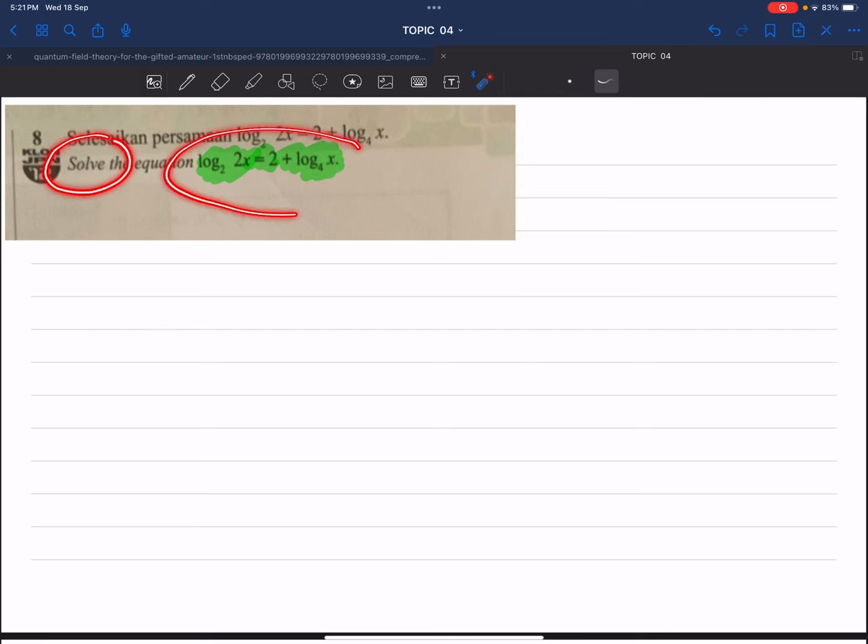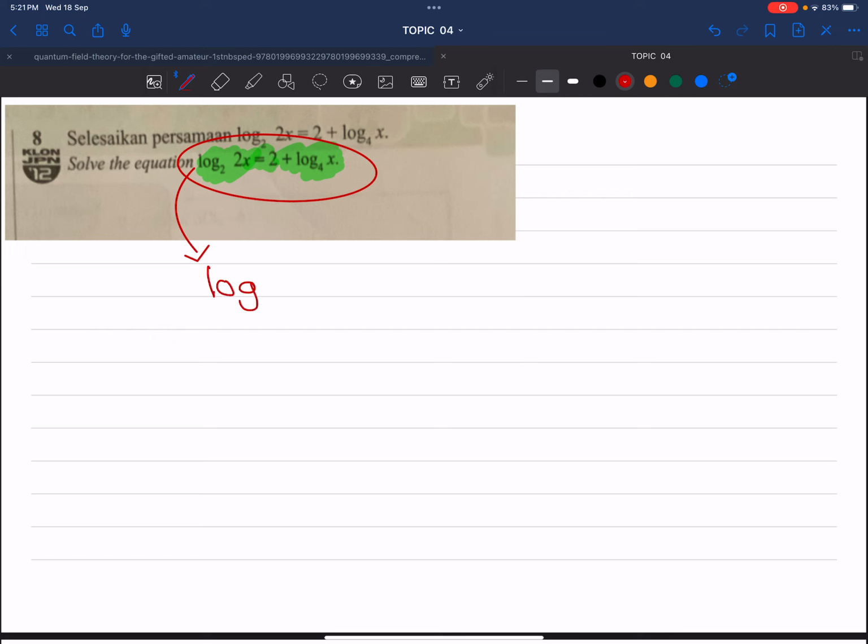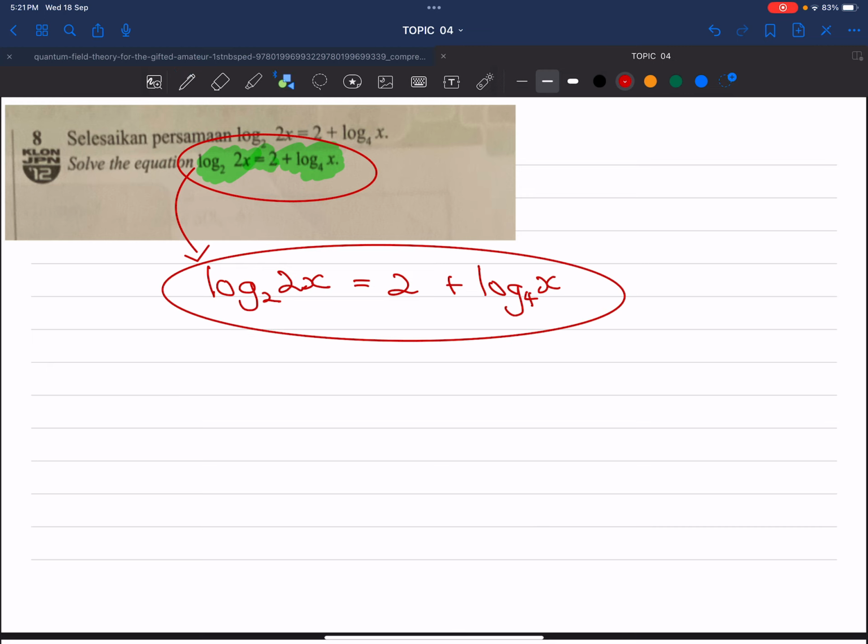Solving the equation, therefore, we start from the equation, which was log 2x base 2 equals 2 plus log x base 4. In solving a log equation, step 1, check the base.